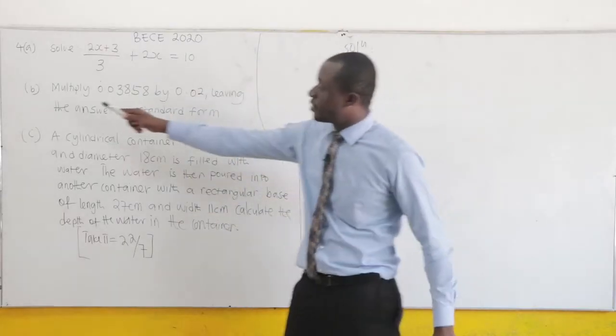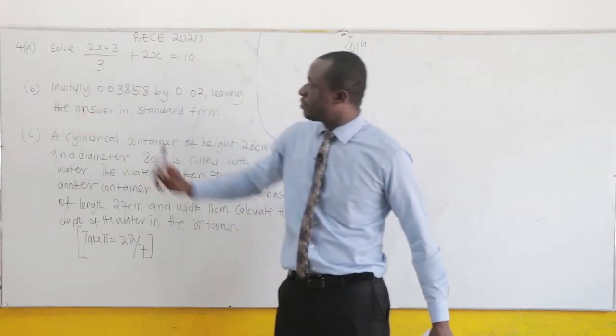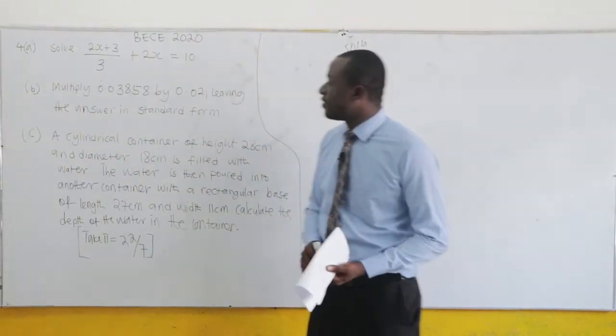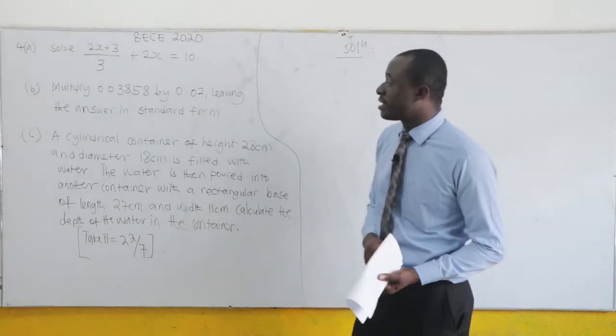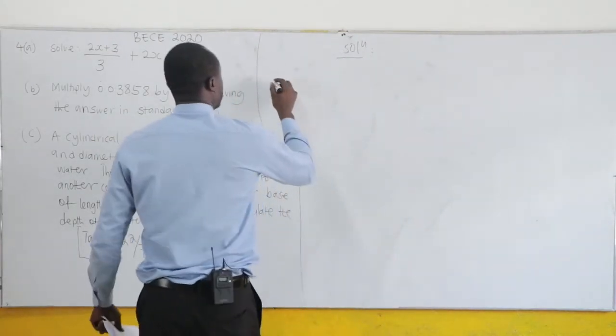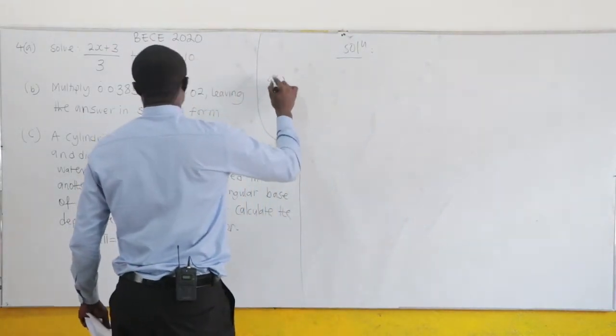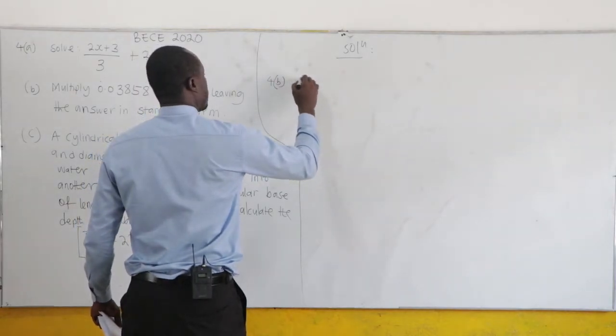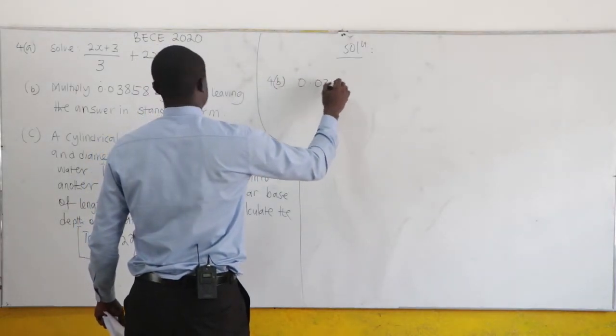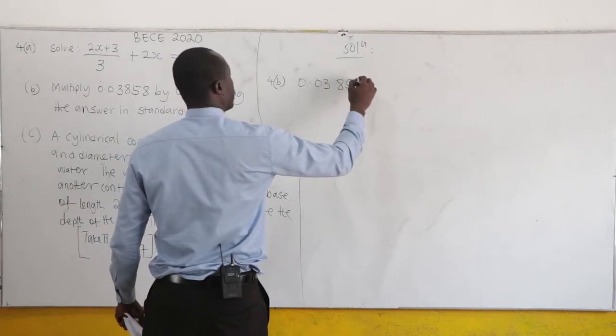B.E.C.E 2020, question number 4b. Multiply 0.03858 by 0.02, leaving the answer in standard form. So our 4b, we have 0.03858.